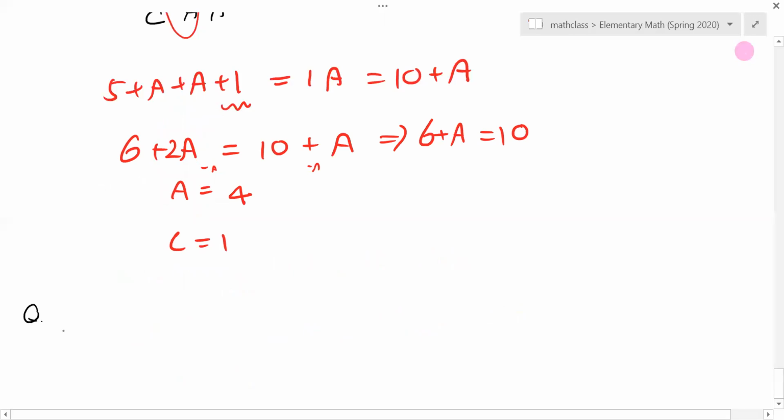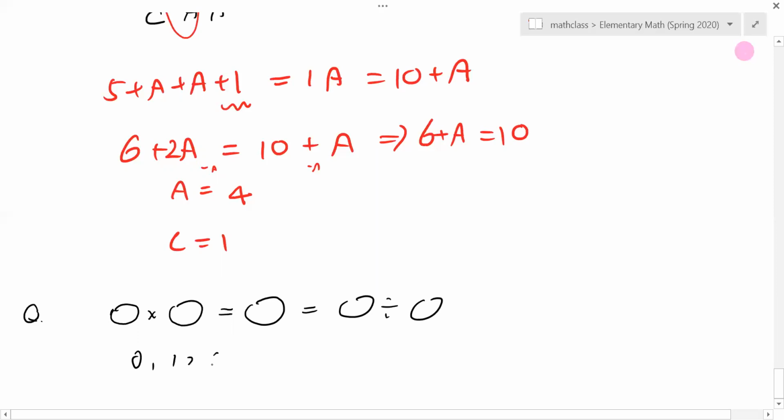The last problem I want to discuss is a computation with circles, some numbers there equals another number. I have digits 0, 1, 2, 3, 4, 5, 6. I have 7 digits to be filled in the circles, and this is 2 digits here.